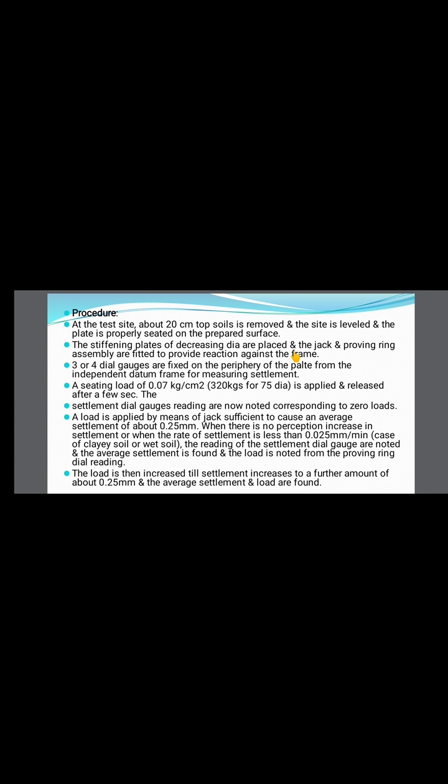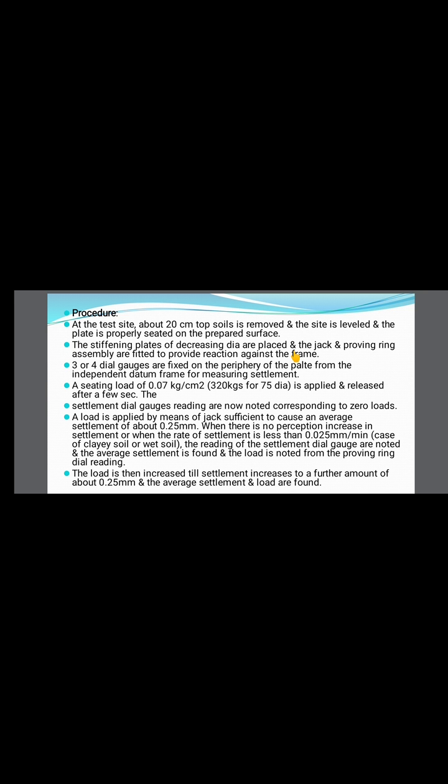That means at the site, 20 cm thickness of the top layer of the soil has to be removed. The site is leveled and the plate is properly seated on the prepared surface. The stiffening plates of decreasing diameter are placed, and the jack and proving ring assembly are fitted to provide a reaction against the frame.